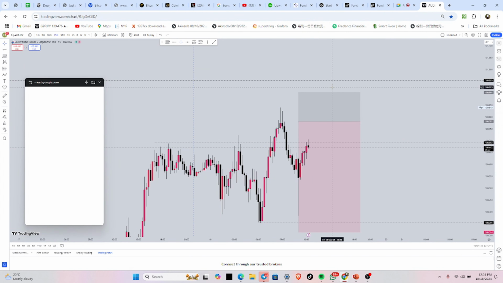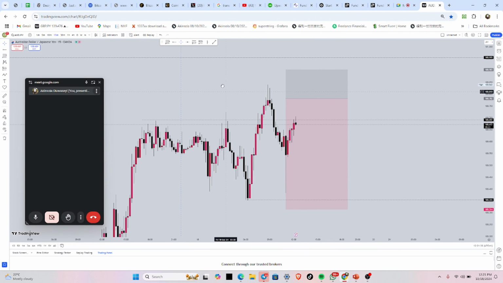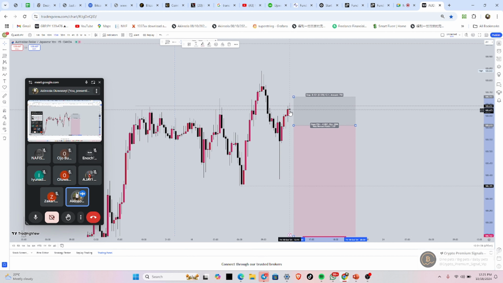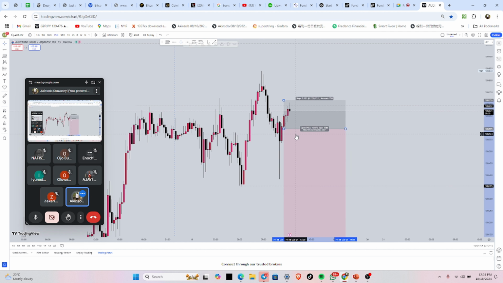For example, my sell stop must definitely be below my current market price. The market is currently around here, but if I see the market trading below this point, then I don't think the market should come up again. Then I can put a sell stop here. Then my stop loss must be above that. Then my take profit will be what?